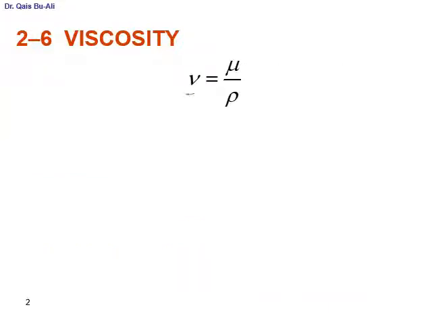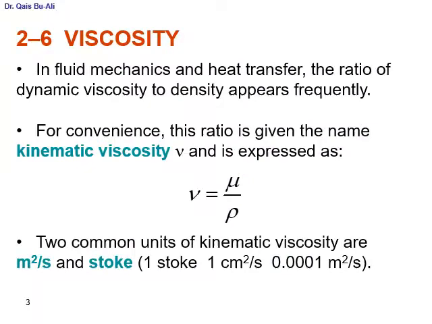So this is kinematic viscosity, this is viscosity, this is density, and you can just put the units of viscosity, the units of density, and get the units of kinematic viscosity. I will keep this for you to do. Now, this is the answer, but you know how to do it by yourself.